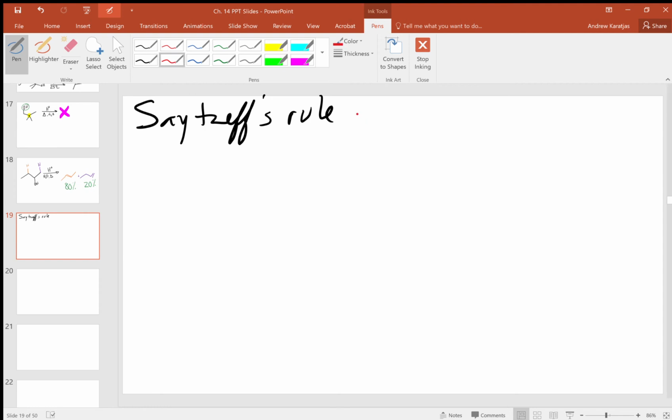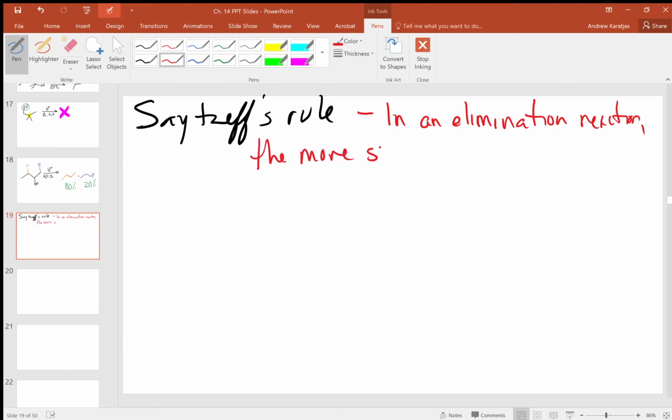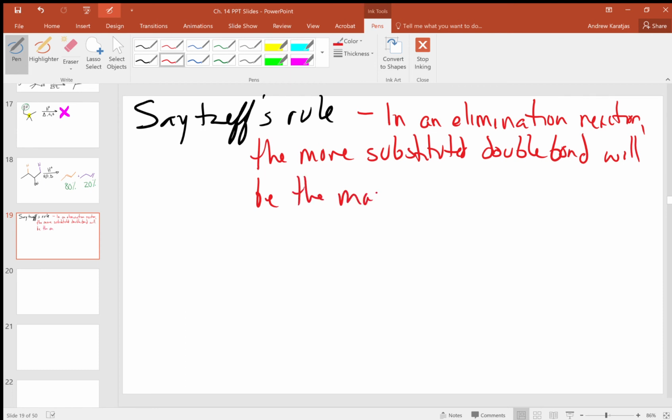But Seychev's rule says that in an elimination reaction, the more substituted double bond will be the major product.